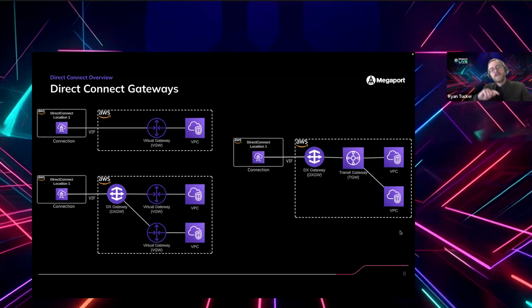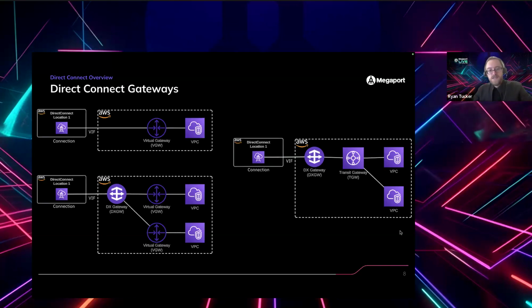The private VIF connects directly to a virtual gateway, a VGW, which you may have seen in the AWS console. It's the same type of gateway you'd create if you want to create VPN connections. So that VGW that's attached to one VPC can have a direct connect private VIF connected directly to it, and then it's attached to a VPC. So this allows your direct connect connection to have a path and route into this one VPC.